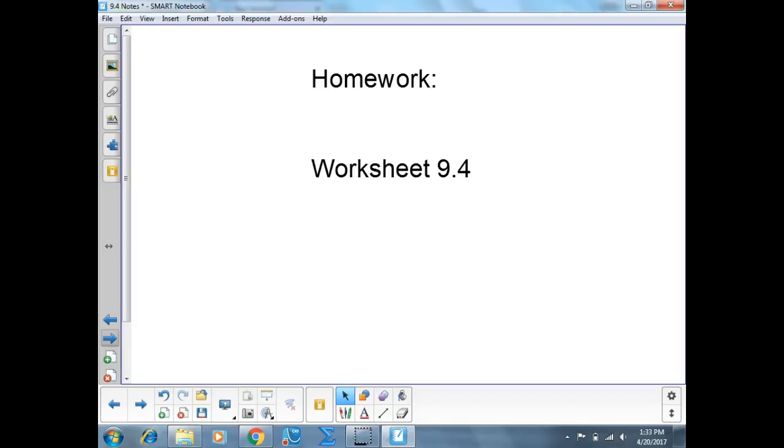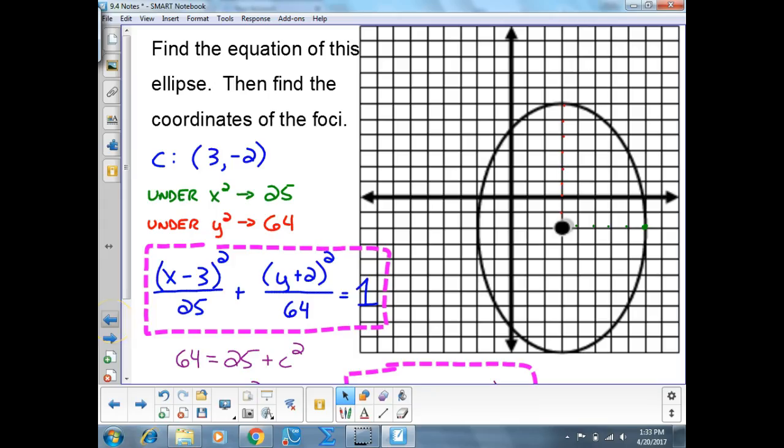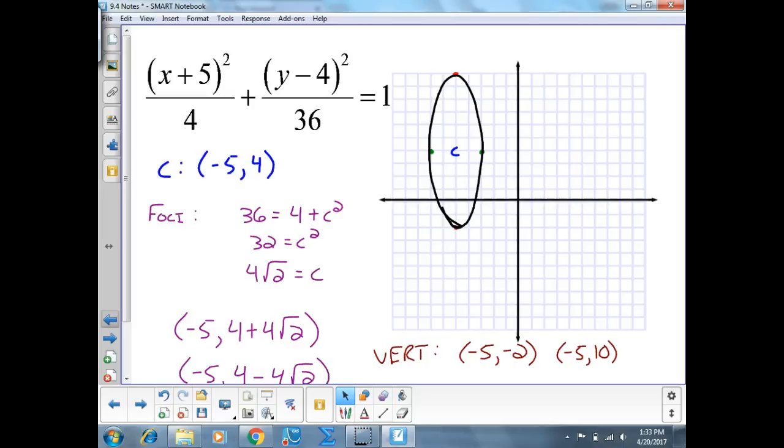Go back real quick and explain the vertices. Remember, vertices are the endpoints of the major axis. Okay? So since the major axis is vertical, that means my vertices are here and here.